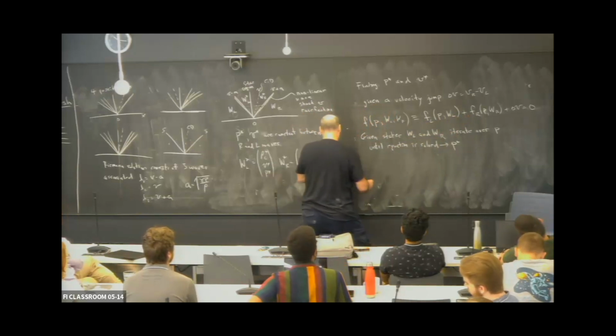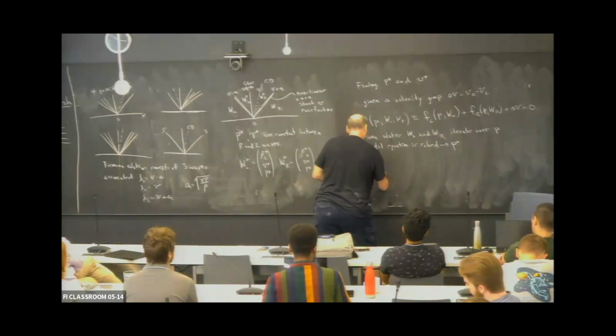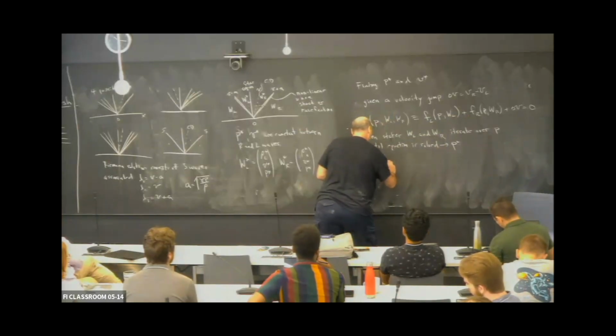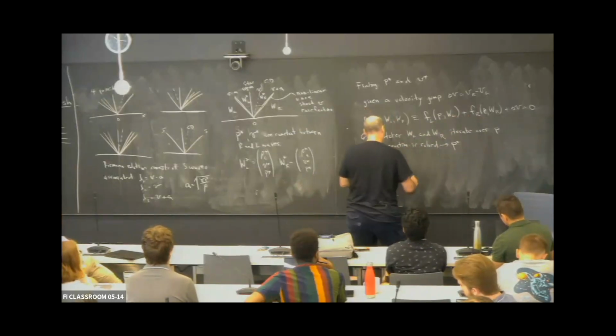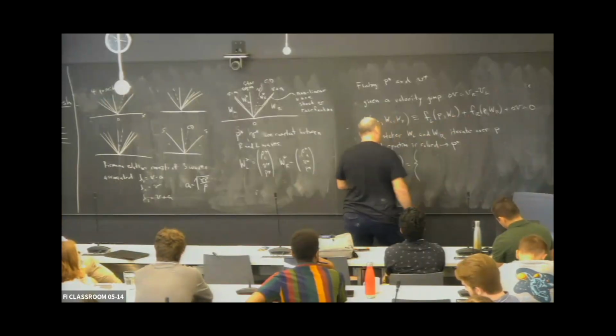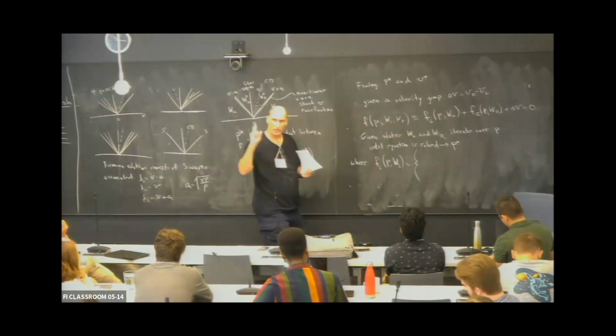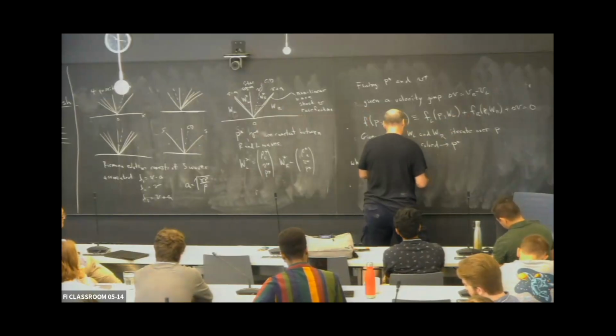For example, I'm just going to write the left one, the right one is very similar. The left one is just a function of P and the left state. And that function you can write by using the Rankine-Hugoniot relations, the mass, momentum, and energy conservation across a shock wave.